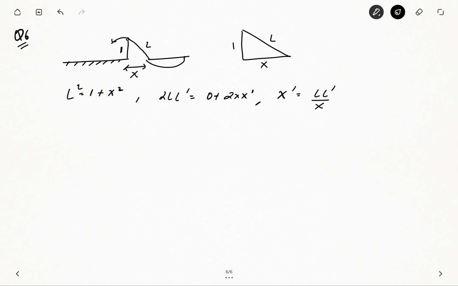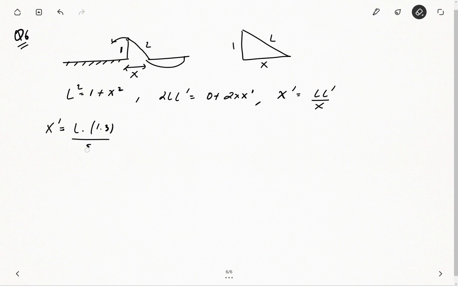At the moment of analysis, they're giving us that the rope is being pulled at a speed of 1.3 meters per second. That represents the decrease in L. So the rope's being pulled at 1.3, so we're going to put that number down there. And L is something we have to find, where X is given to be 8. So X prime so far is L times the L prime, which is 1.3, divided by the X, which is given at 8.